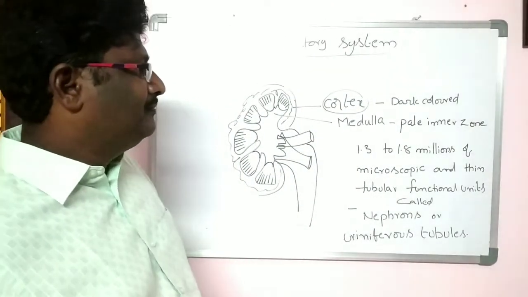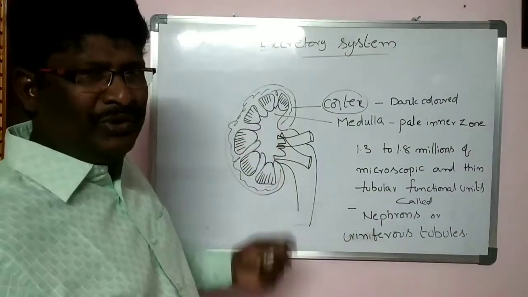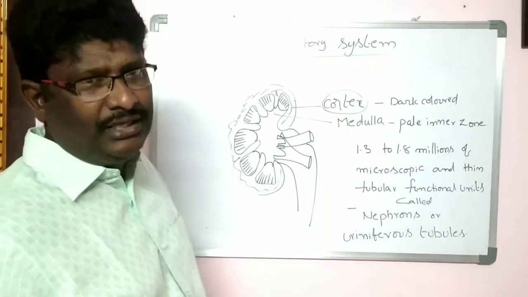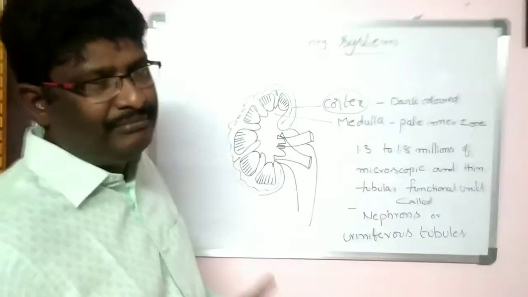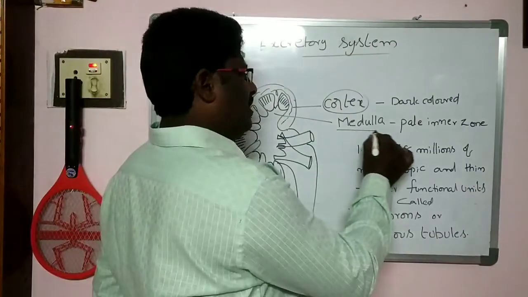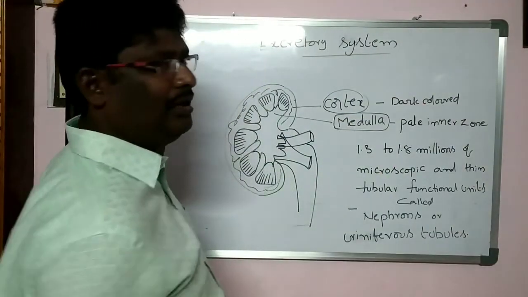And the inner zone is the pale zone. Pale means a slightly light-colored part. This pale zone is called the medulla.